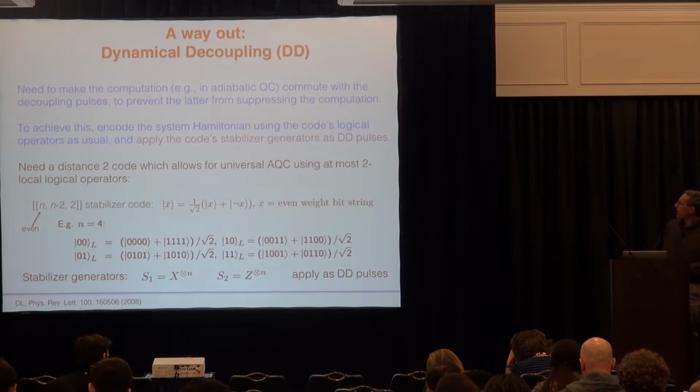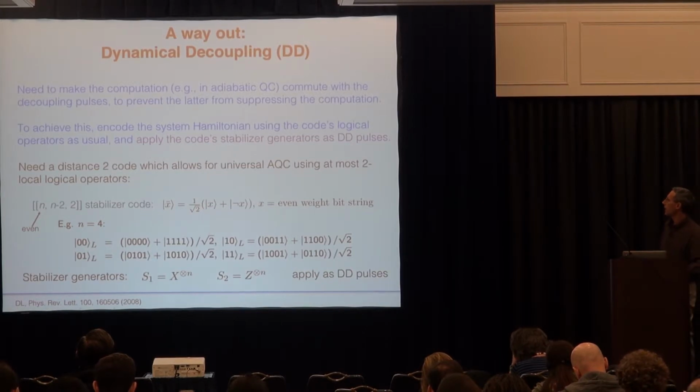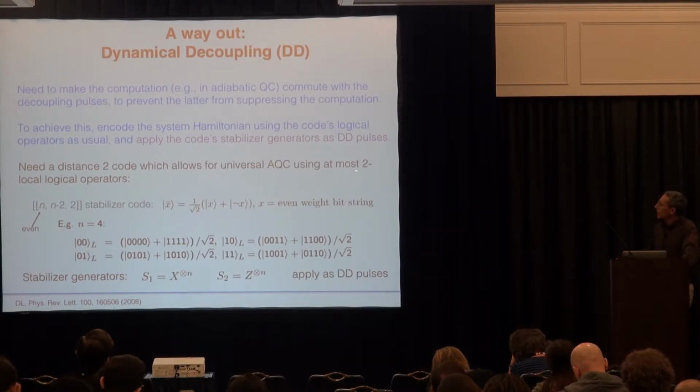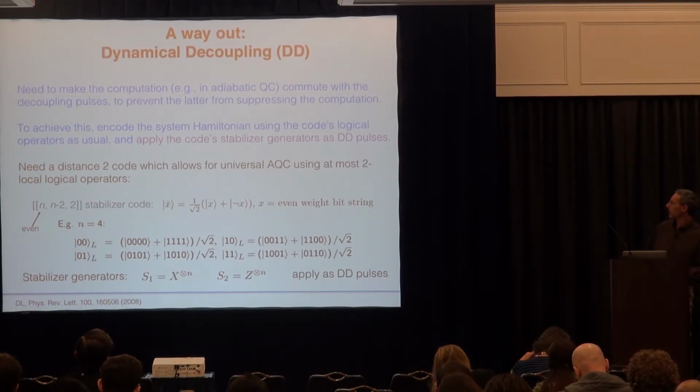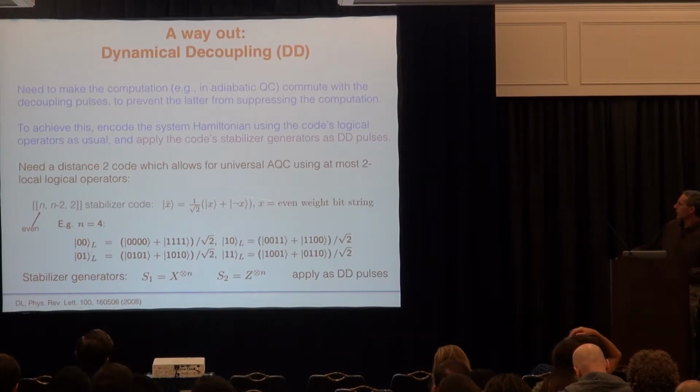Now, what we need in order to make this work with the two-local case is a distance-two code that detects one-local errors and has at most two-local logical operators. And it turns out there is such a code. It's an [n, n-2] stabilizer code, and these are the code states. And here's an example for n equals 4 that gives you two logical qubits.